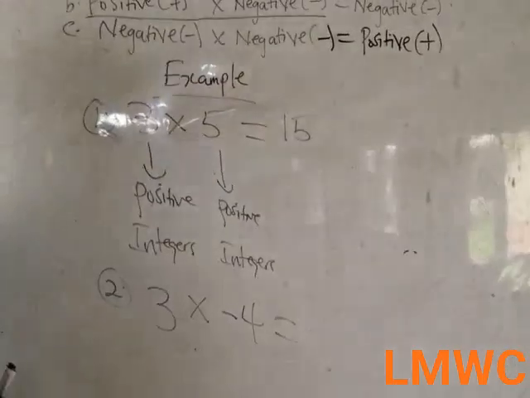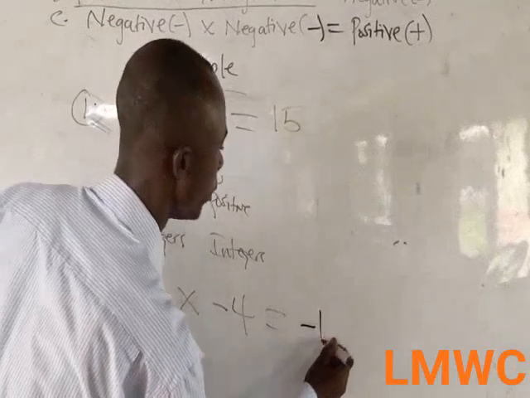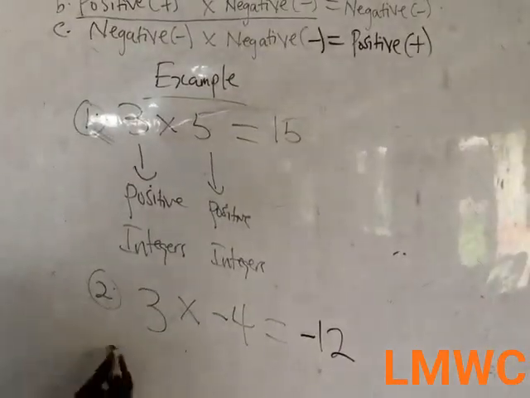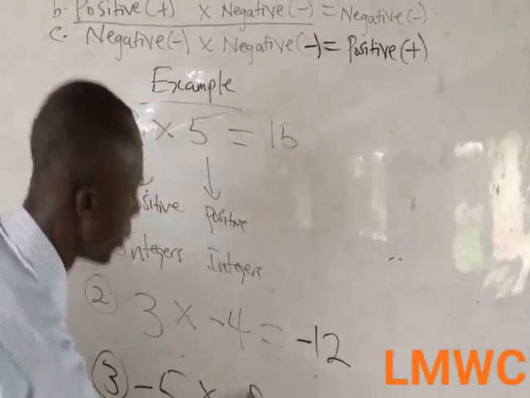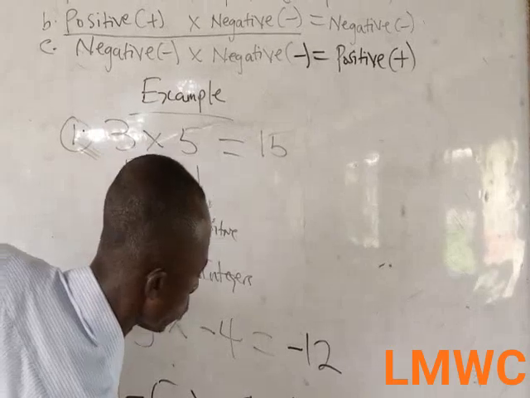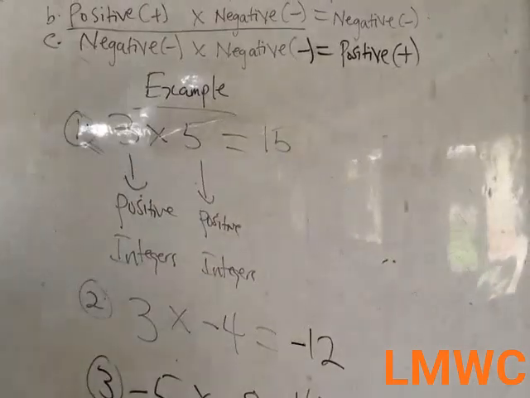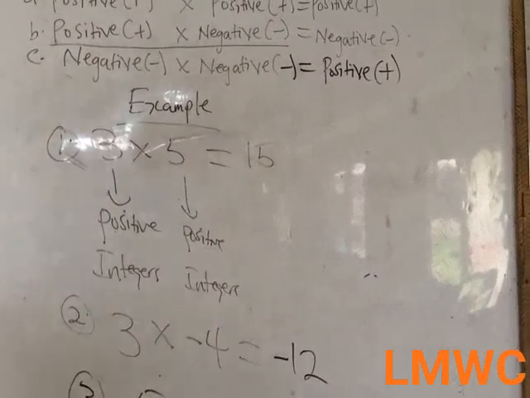Positive times negative, we have a negative answer. It is negative 12. Example 3: negative 5 times negative 8. Negative times negative is positive. Take note. It is positive 40. So we are done with multiplication of integers.